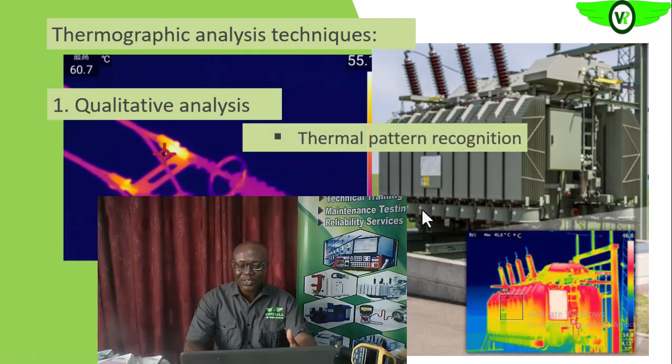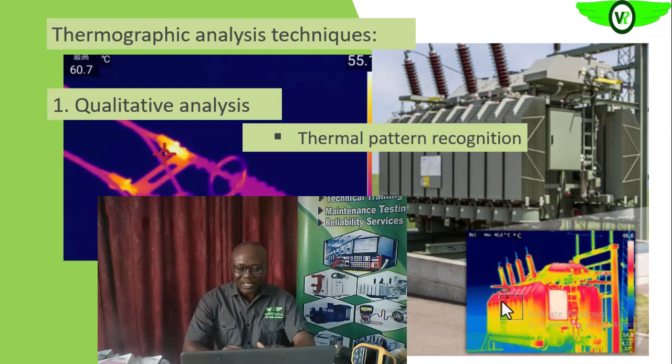Then we also do thermal pattern recognition, which is something like this. So what is different from this, we know it is abnormal. Like we said earlier, all operating equipment emitting infrared energy has its normal operating thermogram, whether mechanical or electrical, even process, because they have the normal amount of heat by virtue of their operations that they give out.